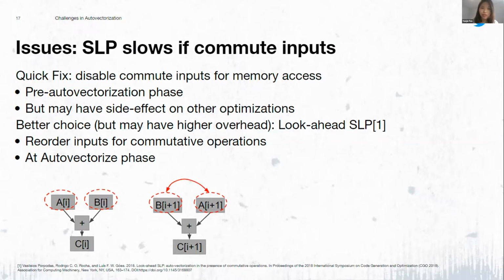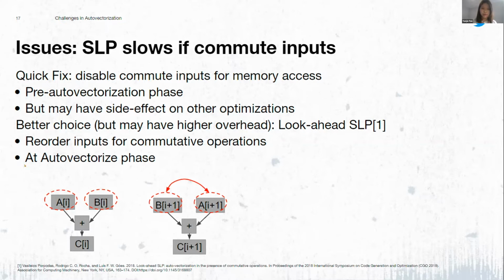A better choice is to use a look-ahead SLP. The look-ahead SLP tries to reorder the inputs for commutative operations to find more profitable paths for vector instructions. It is done at the autovectorization phase, so it will not have side effects on other optimizations.